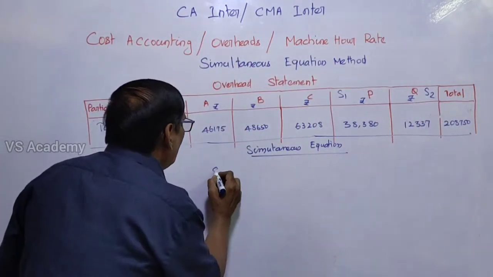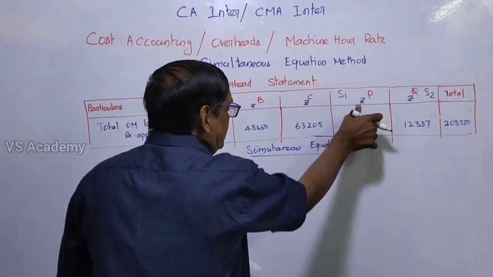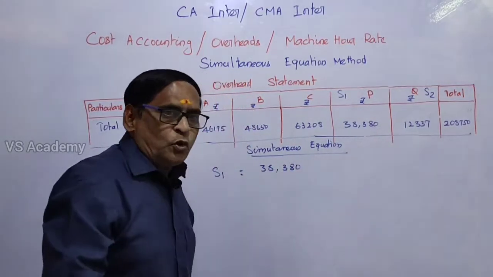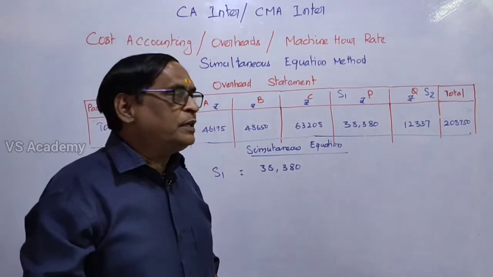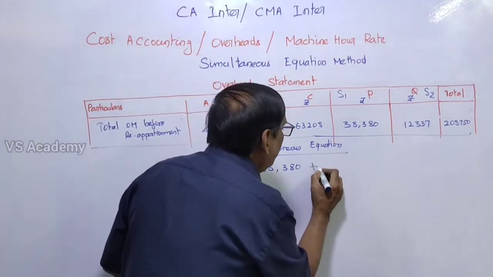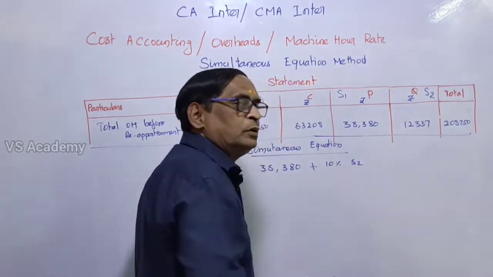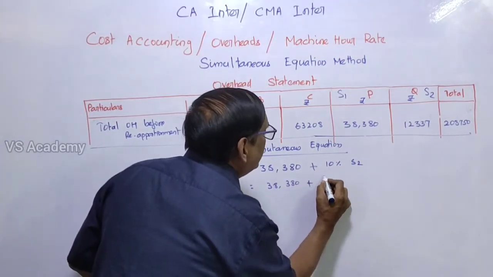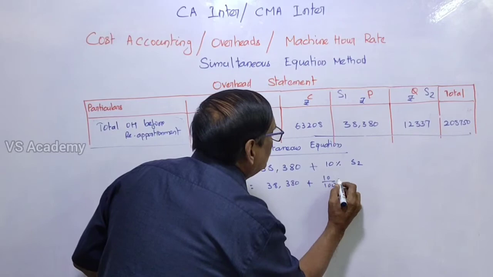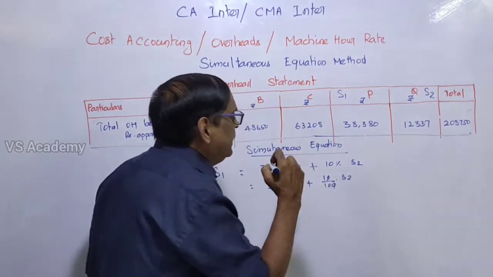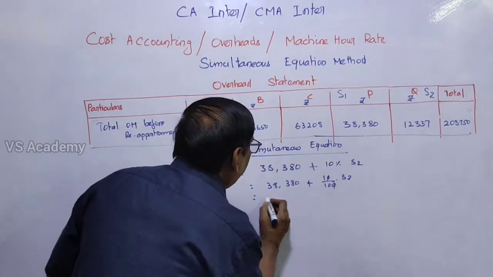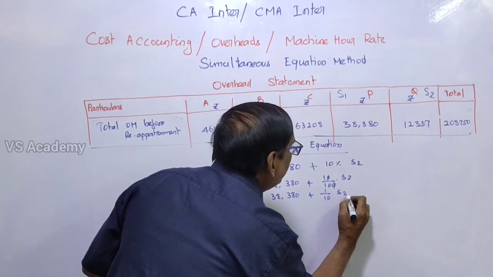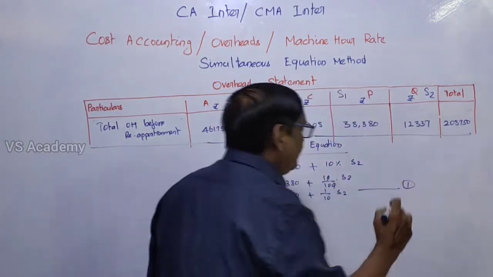S1 equals the total cost 38,380 plus, as per the question, 10% of S2. So 38,380 plus 10 by 100 into S2, that is 1 by 10 of S2. So S1 equals 38,380 plus 1 by 10 S2. You can treat it as one equation.